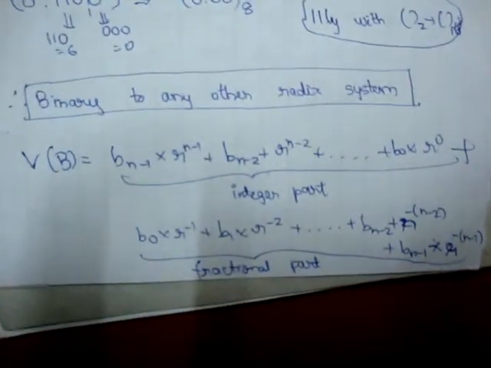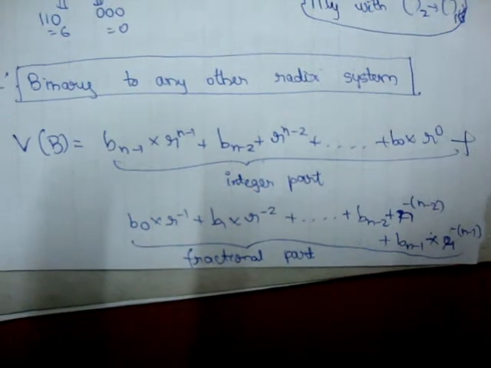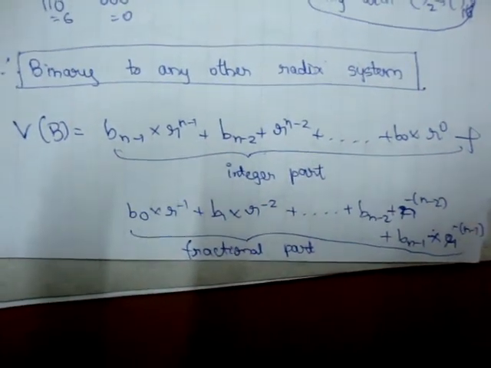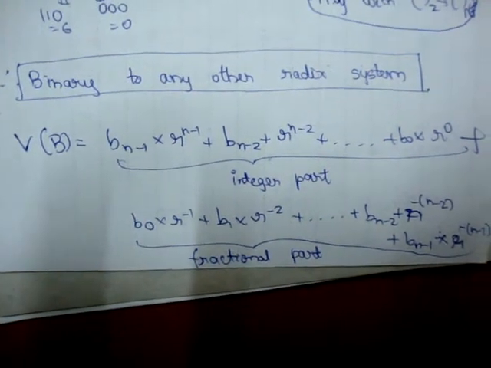As discussed above for binary to decimal, there it was binary, so you consider 2.